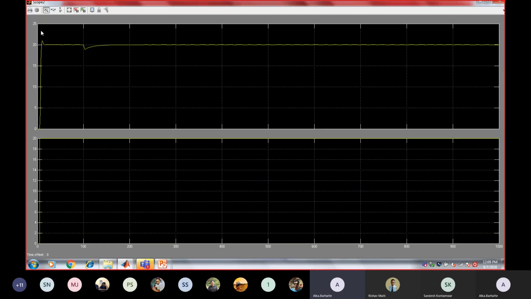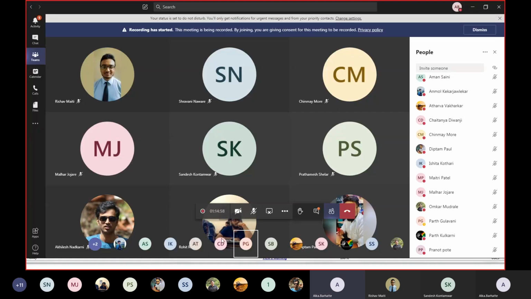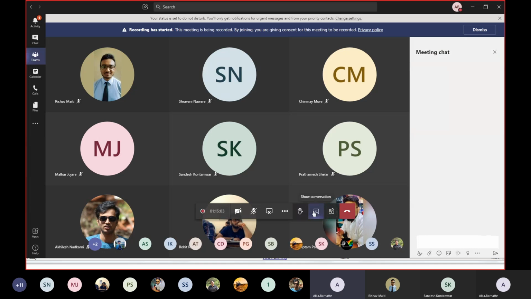This, which was reaching 25, has reduced, and here we are getting a little glitch. So this is how you can tune your system. Not necessarily the vehicle model, it can be any model that you are considering. With this, if you have any doubts, you can ask.